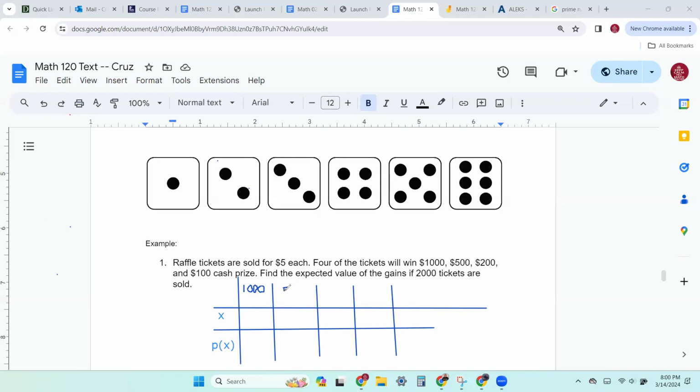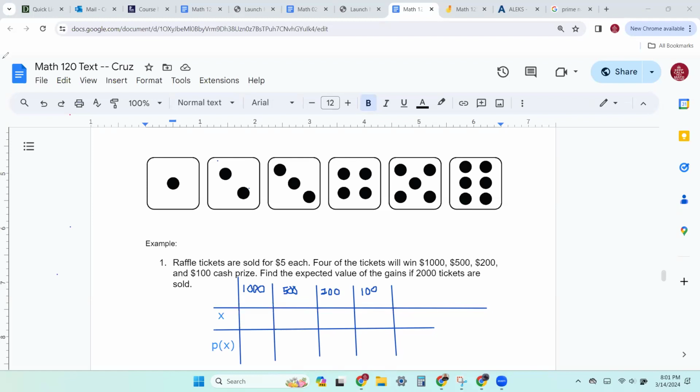This is the 500. And then this is the 200. This is the 100. So there's the 4 things that can happen, but there's one more thing that can happen.